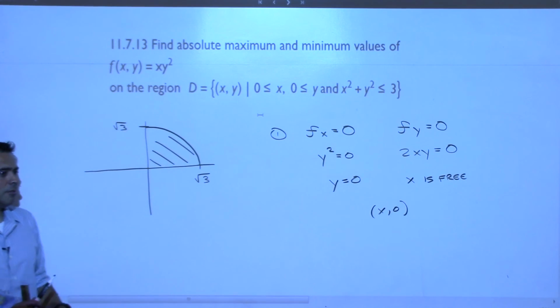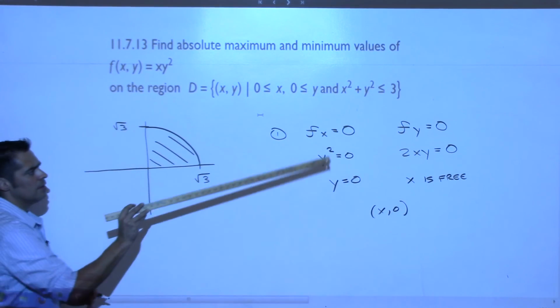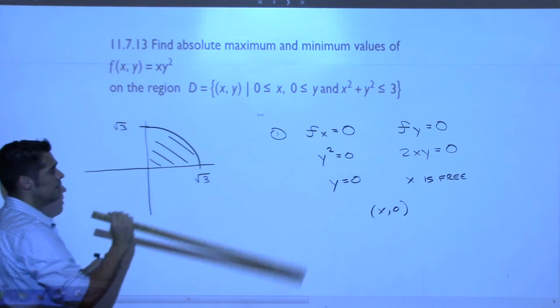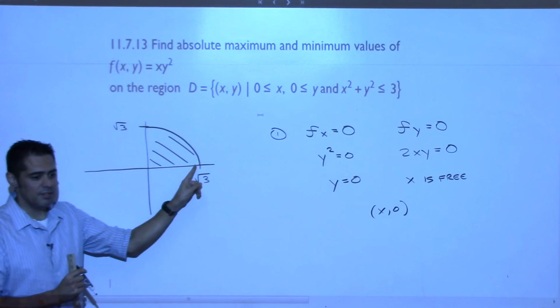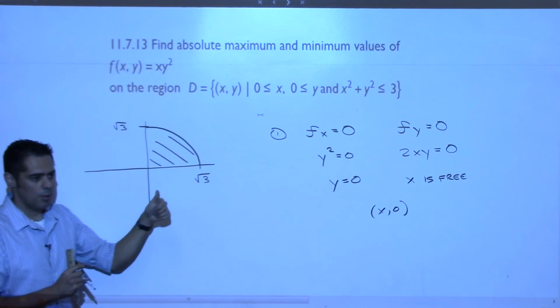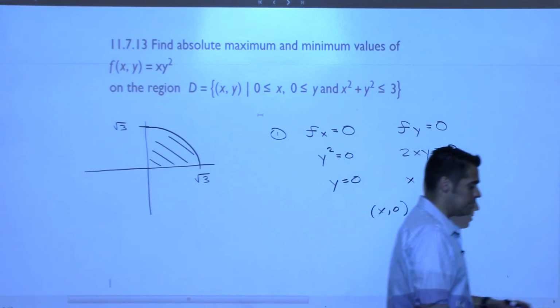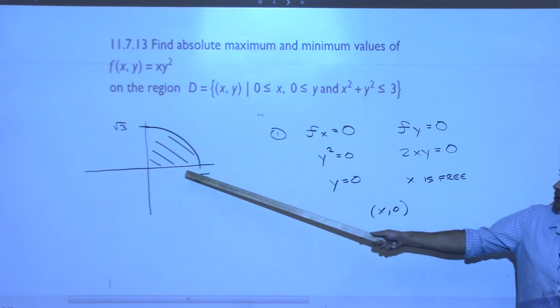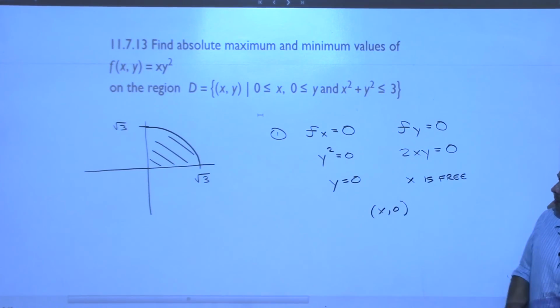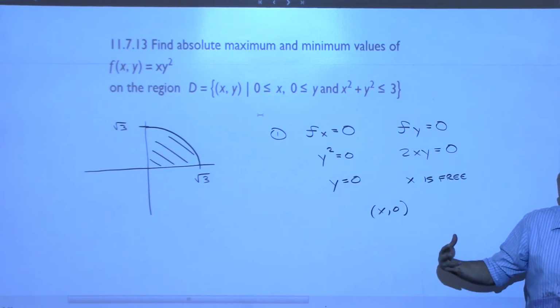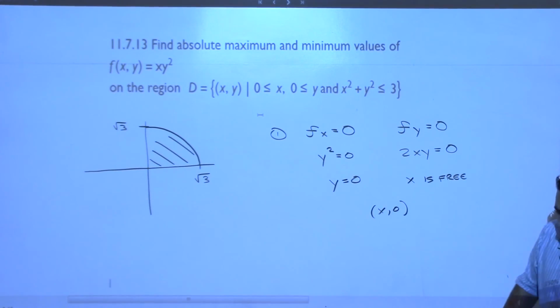So we got lucky that the only critical points we're going to get from this is actually what we're going to be looking at in just a second. So what if we didn't? What if that was somewhere inside here? Well, then we would have to plug these into the function and figure out what happens. It would be almost the same exact story. We plug those in, figure out what that is, and then take the derivative.